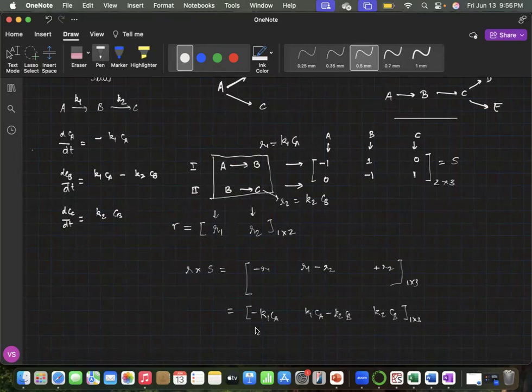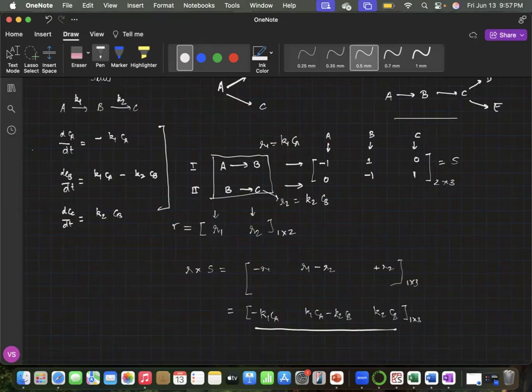And if you see, this is nothing but the RHS of this set of ordinary differential equations, right? This is the reason why the stoichiometric matrix becomes very important, because just by seeing individual reactions and the stoichiometric coefficients of the individual reactants, you can get the RHS of the ordinary differential equations.